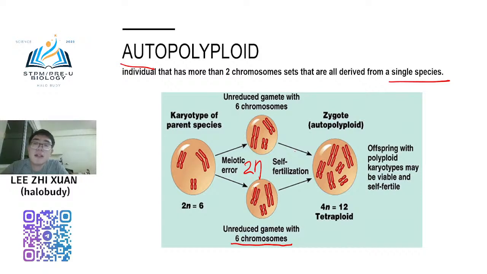And then after that they do the fertilization, so it will become 4n, because 2n plus 2n means 4n. So this one is what we call autopolyploidy, because it is derived from a single species only. Only one species, the same species.